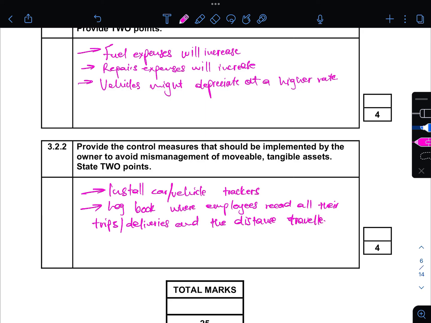So this is to gauge or to compare the fuel expense used by that certain car and the records of deliveries or trips that were made.